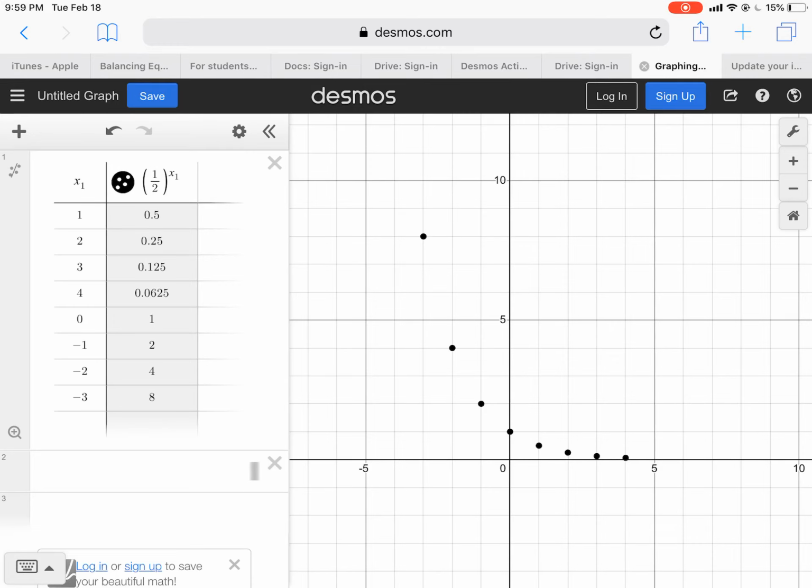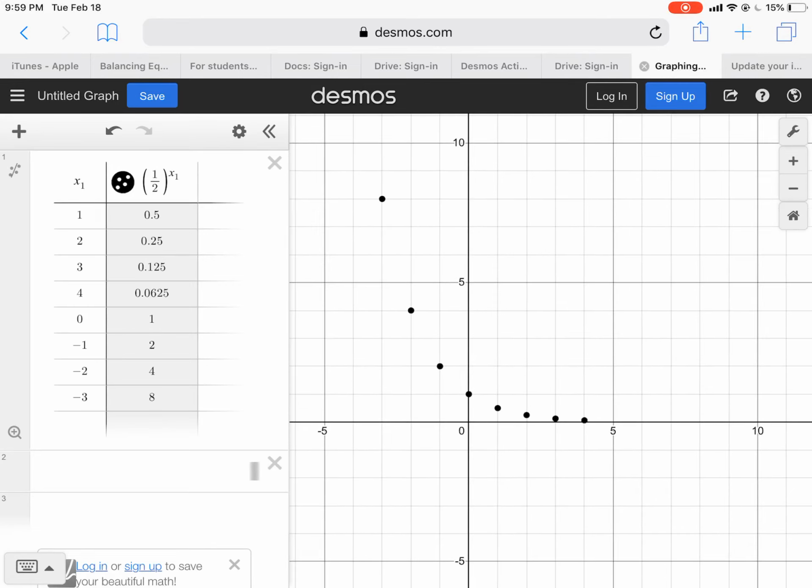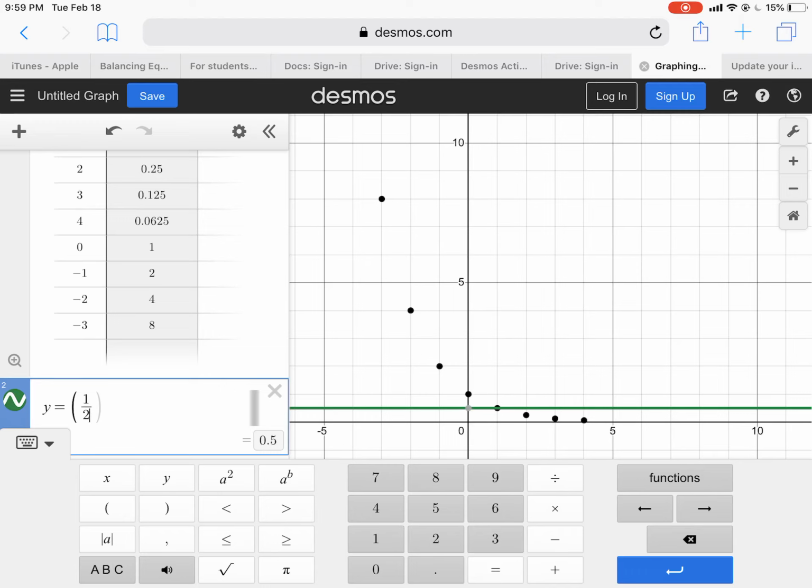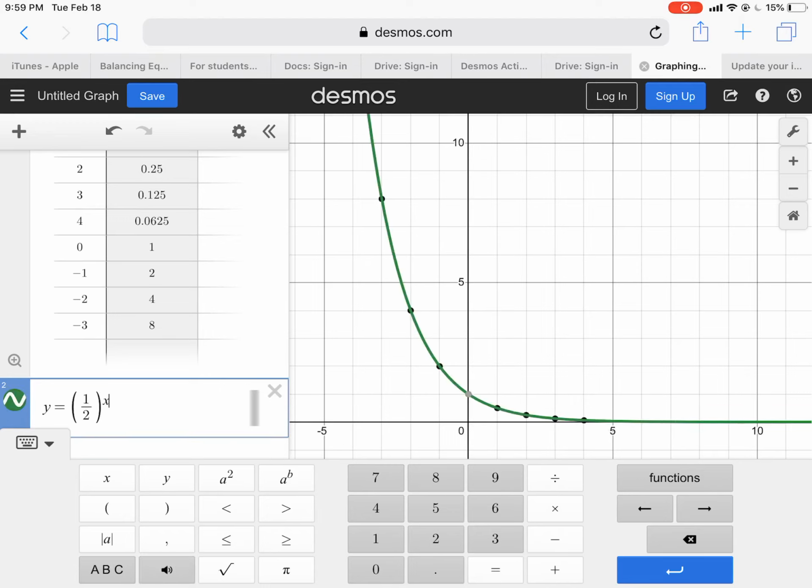And again, the same thing is going to happen as it gets closer and closer to that x-axis. That's going to become the asymptote. It's not actually going to cross the x-axis. Again, I could put it in as an equation so you could actually see the line. We'll do just 1/2 to the x so it goes on top of the other one. There it is.